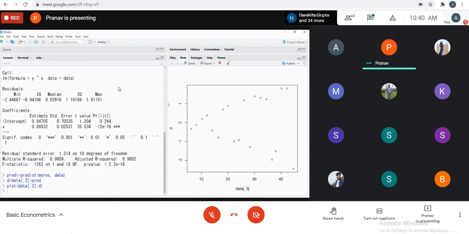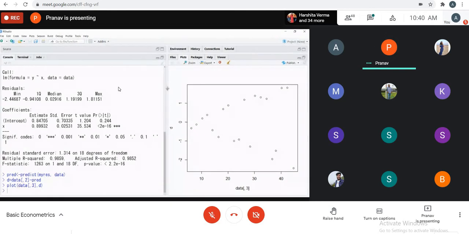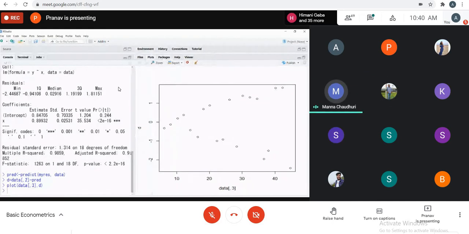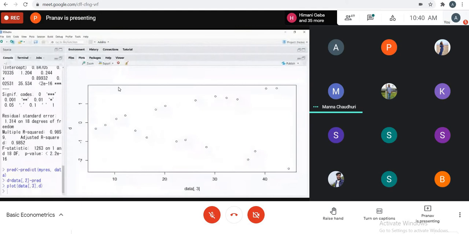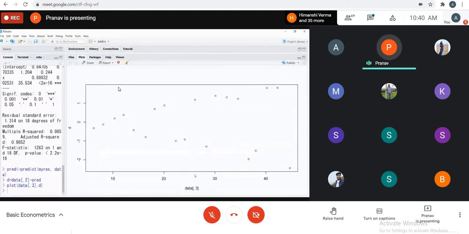Now, do you think there is some problem with this model? Yes, so the variance of the error term increases with an increase in x. Correct. So what we notice here is that for higher values of the explanatory variable, the variability of the residuals in this particular case also increases.